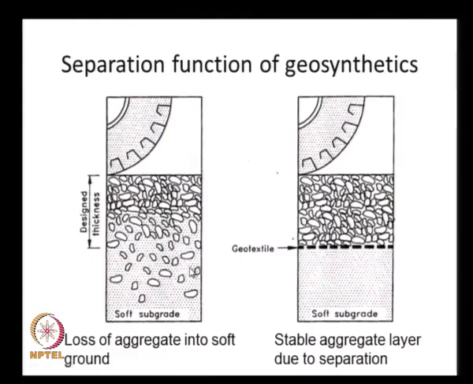Or if we are able to provide a good separator, either in the form of a textile or as a geogrid, because of the restraint that is provided, the aggregate layer is preserved better, and it acts as a good pavement layer, because its integrity is preserved.